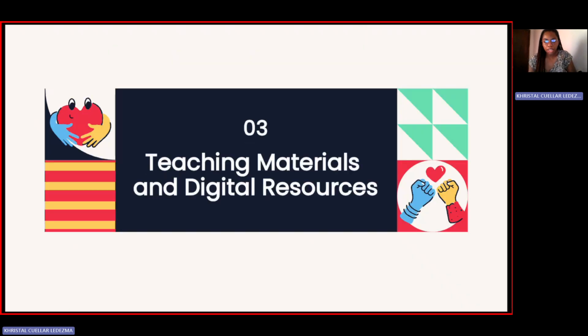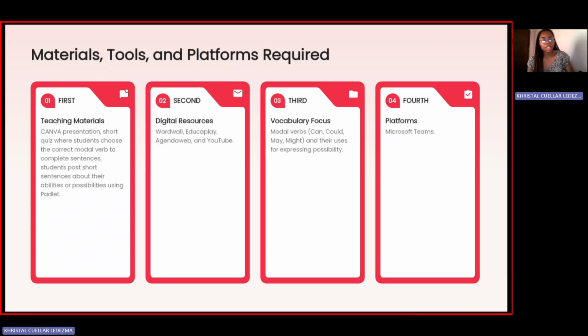The third thing is teaching materials and digital resources. The materials, the tools, and the platforms required. For the teaching materials, it will be a Canva presentation.